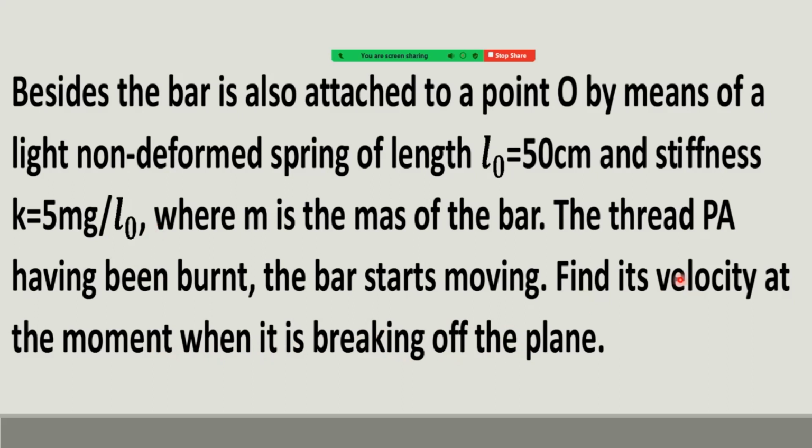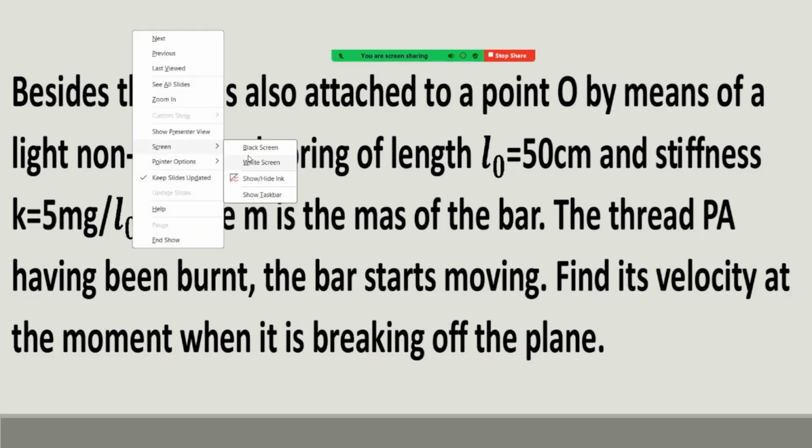The thread PA having been burnt, the bar starts moving. Find its velocity at the moment when it is breaking off the plane. Okay, this is the given data. We have to find the velocity at the moment it breaks off the plane. Let us see. First make a diagram for the given.